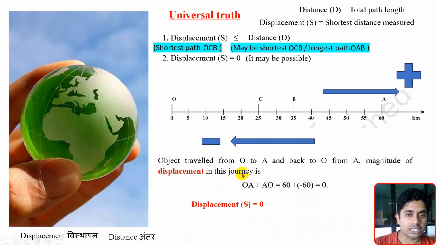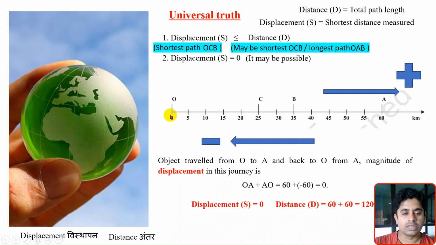But what about the distance? The distance corresponding to this displacement, will it be zero? No. Why? Because for distance, we are not considering the directions. We are bothered just about the path length. O to A, what is the path length? 60.